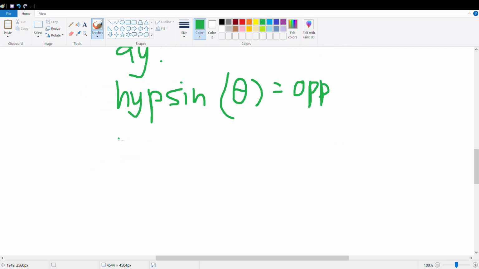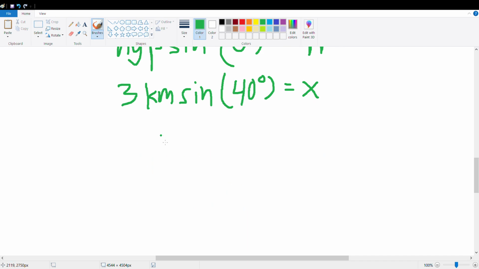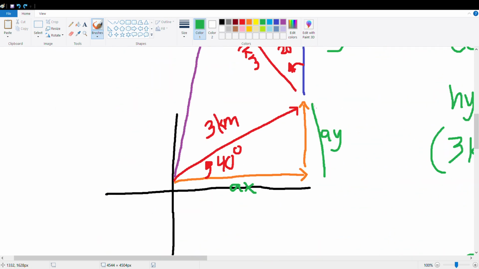So 3 kilometers times sine 40 degrees equals x, which is 1.93 kilometers north. It's north because AY is going north. AX is going east.